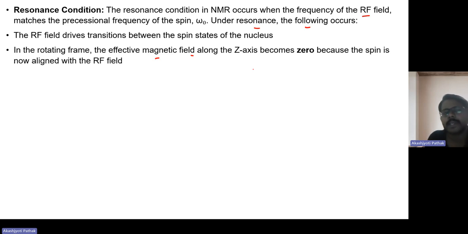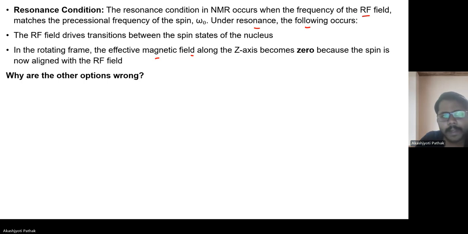Because of this change in the reference, my external magnetic field effectively becomes zero, and all my net magnetization has shifted from the positive z-axis to the reference I have selected, that is along the RF field.